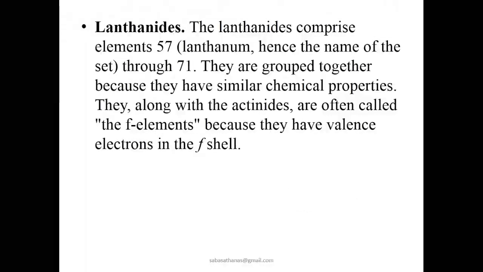Lanthanides comprise of 57 through 71, hence the name of the set. They are grouped together because they have similar chemical properties. They along with actinides are also called the f elements. Ina maana tumeona kwenye transition metal yenyewe kwenye d shells.